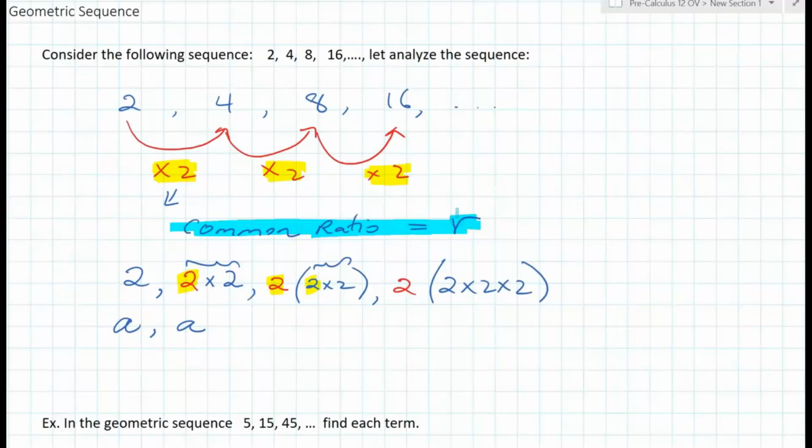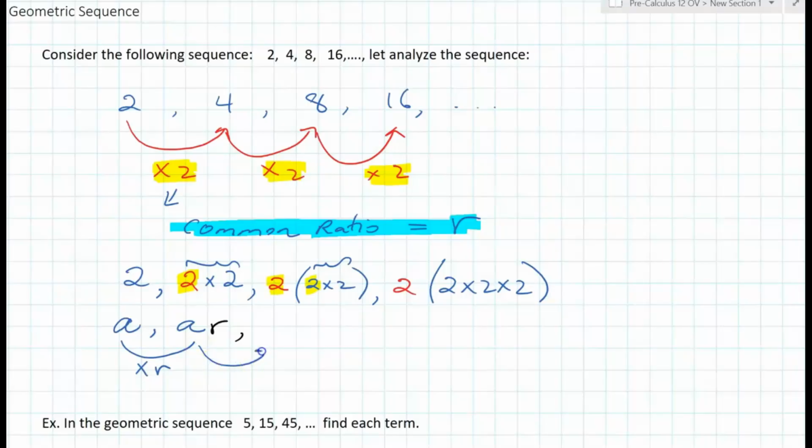So if we want to get the second term, we multiply a by r, and then we can multiply the second term again. So here is ar, but we have to multiply that by r again. So here to here, we are multiplying it by the common ratio.